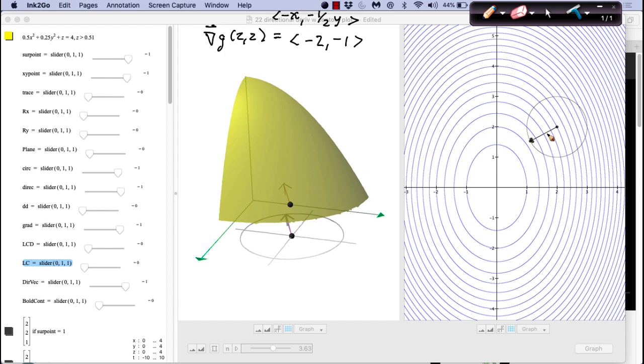Why does that make sense? Why does going orthogonal to the contour lines give you the max rate of change? No, not quite. Not cross product. Because we're talking about going up the fastest, right?